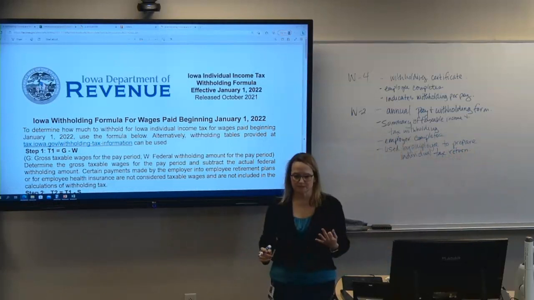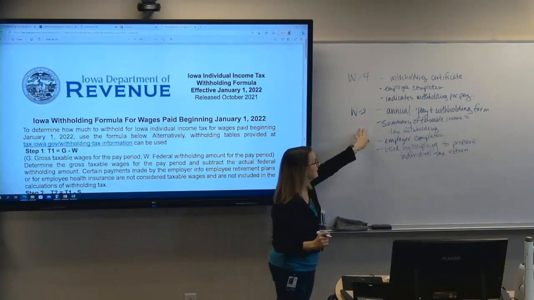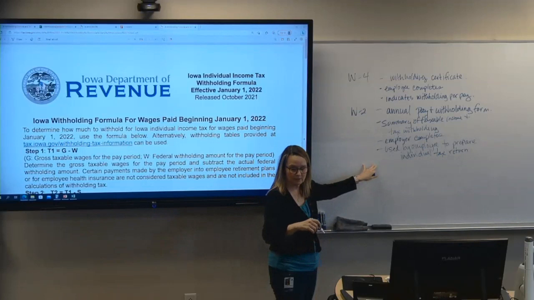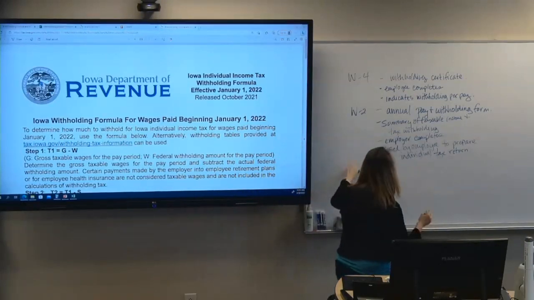Okay, that's the W-2. Each employee gets one of these. It's on a per employee basis. Okay, so Daniel would get one, Kathy would get one, Ben would get one, Alex would get one. So you get it. Every individual would get one of these.